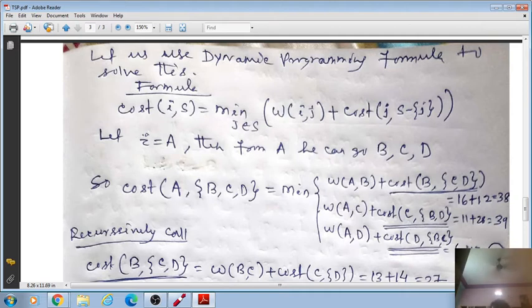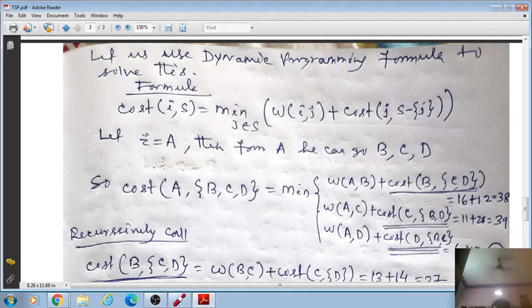Again, this is recursive because, as I have already said, we have to make a recursive procedure. So the formula will say weight of A to B plus cost B, with the remaining set being CD. Similarly, there will be the possibility of A to C, and cost of C with remaining BD.